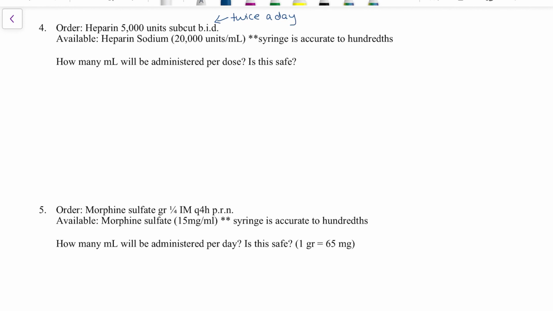So how many milliliters would we need to administer per dose? So again, available to us is 20,000 units per 1 milliliter, and ordered is 5,000 units.